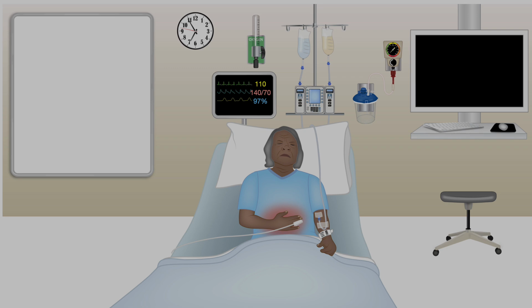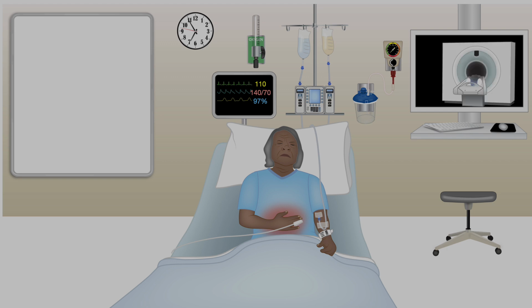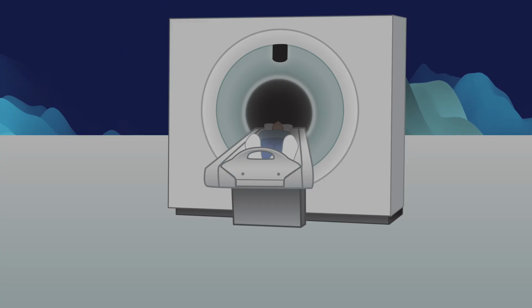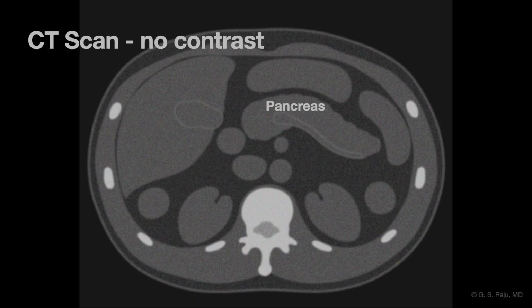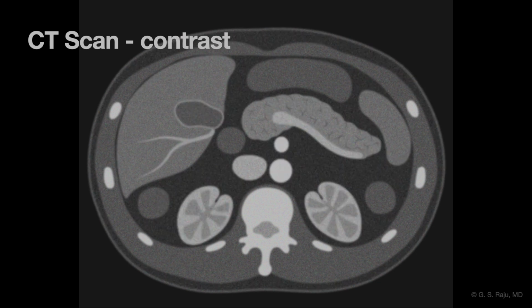Sometimes you are not sure, and the story is not clear, and in that case, you may ask for a CT scan or MRI so that you can be sure about the diagnosis of pancreatitis. When you do a CT, you always do the CT with contrast.